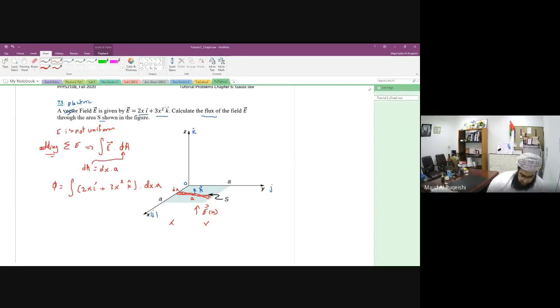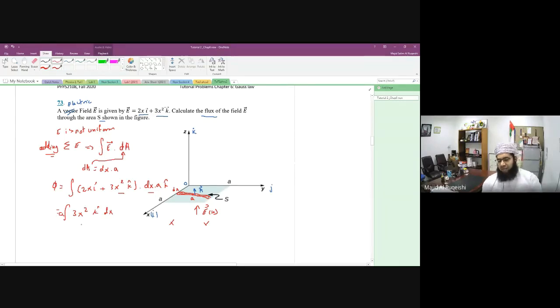Don't forget that this direction should also be in the direction of K, because we wrote that the area is a vector and it has direction. So we have K here and K here, and we deal only with these two together. And this will give us a simpler expression. We take A outside because A is constant.